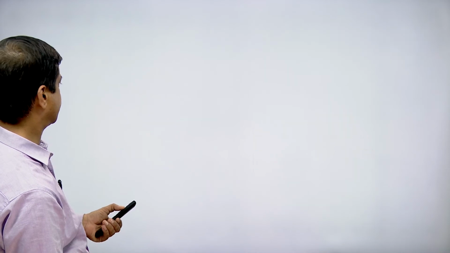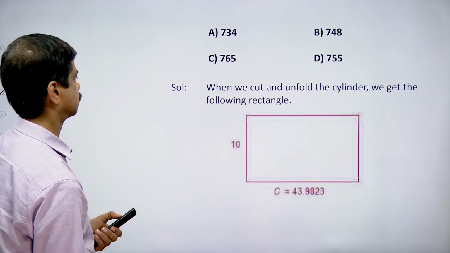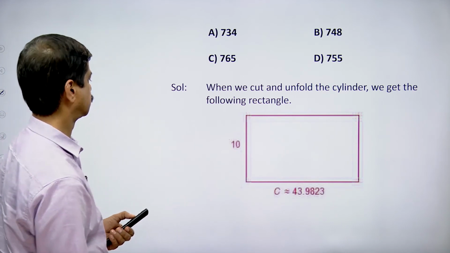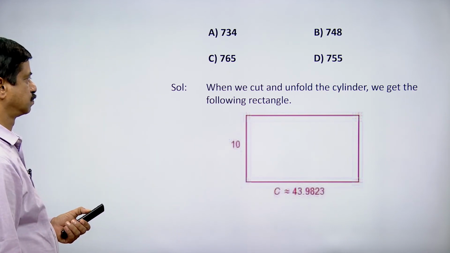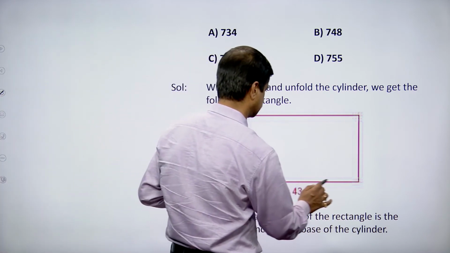So, this is the figure. Please note this first page. This is 2 pi r, children. This is 2 pi r.